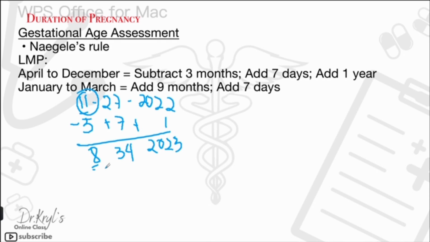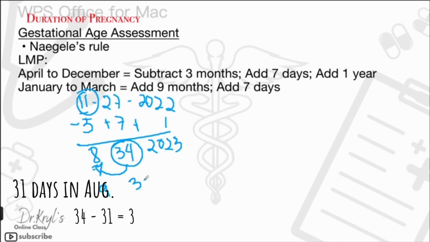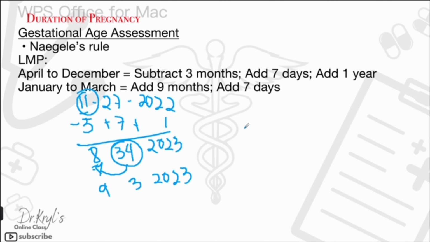So what is 8? 8 is August. August 34, 2023. But there's no August 34. It's only up to August 31. So what to do? So the 31 days here, we can put it here, so we need to add 1 month. So it can be September 3, 2023. Okay? That's it. Any question?